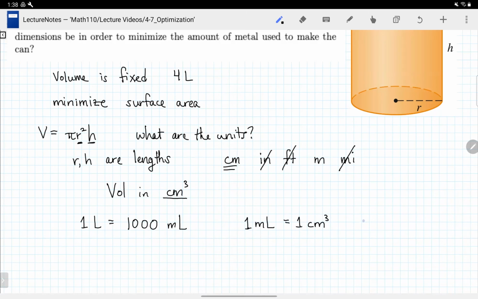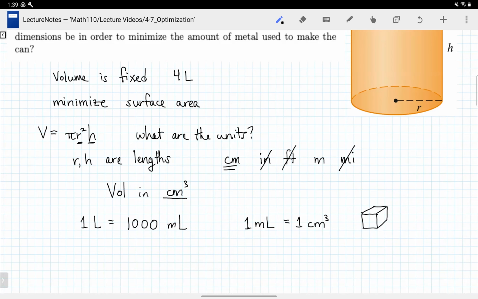So a cubic centimeter is a little piece. Imagine a cube that is 1 centimeter by 1 centimeter by 1 centimeter. If you have that cube made out of water, it goes sploosh, and that is 1 milliliter.